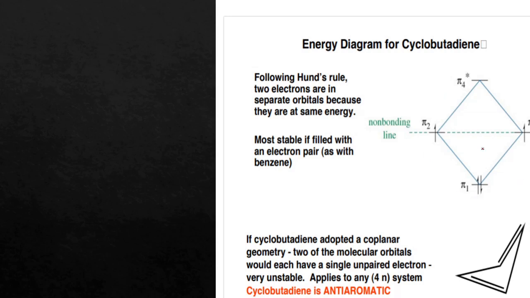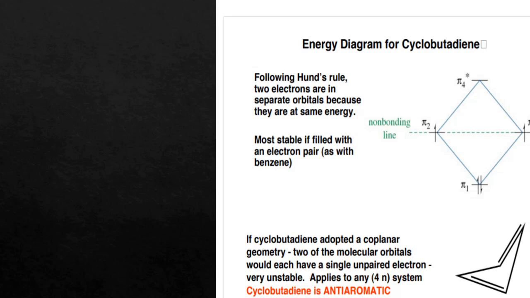If cyclobutadiene adopts a coplanar geometry, two of the molecular orbitals would each hold a single unpaired electron, and this is considered to be very unstable.